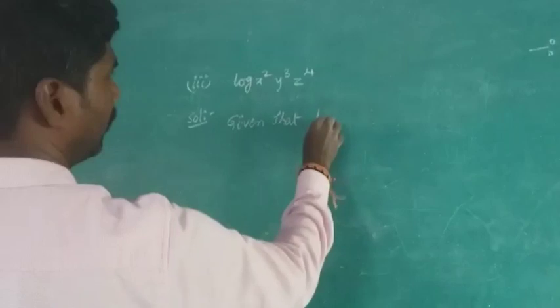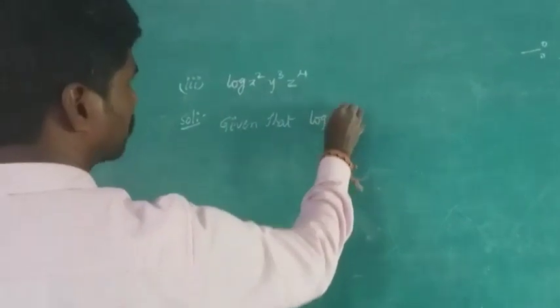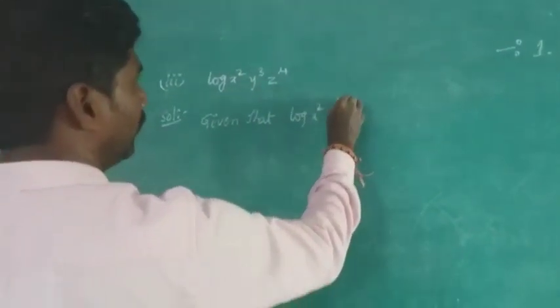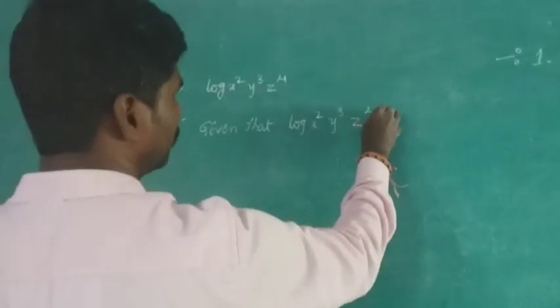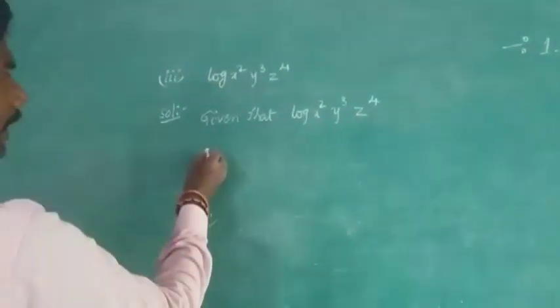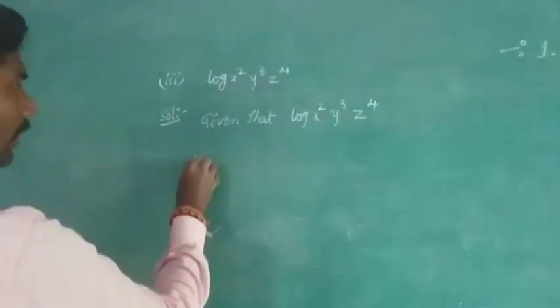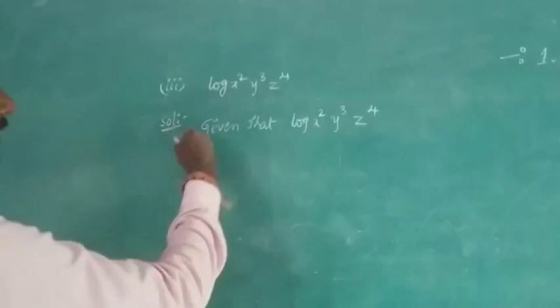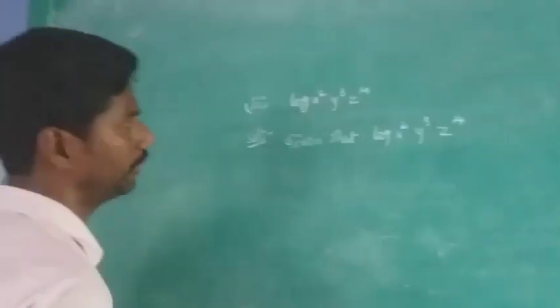Given log x square y to the power of 3 z to the power of 4. Here let me write it in expanded form. Expanded form you need to write.